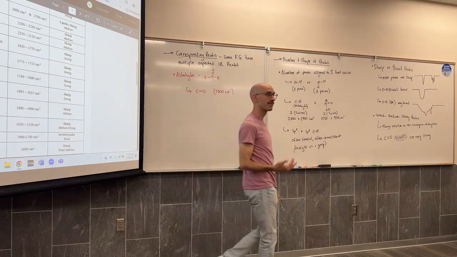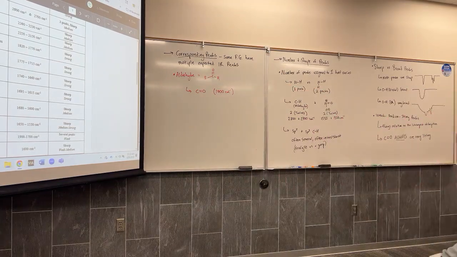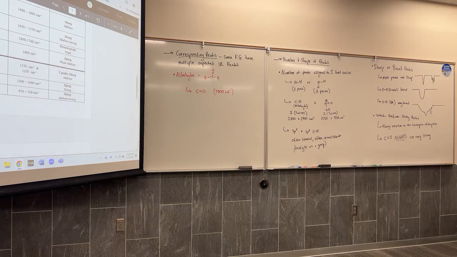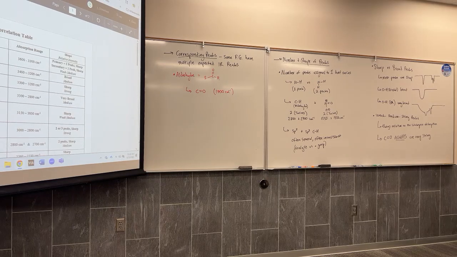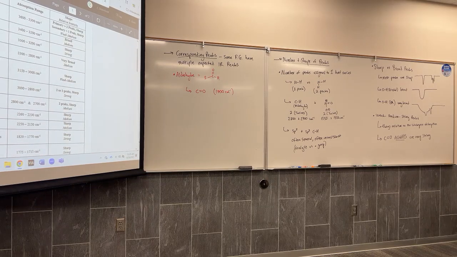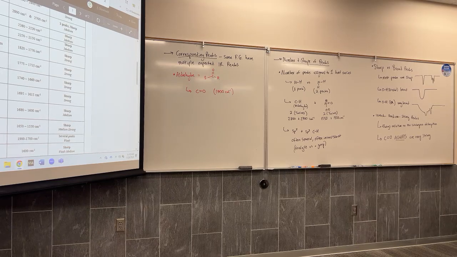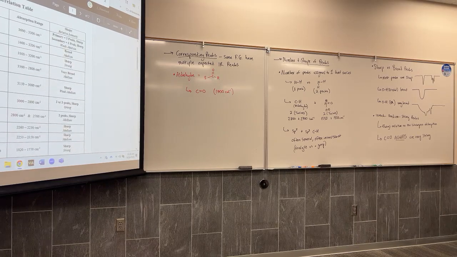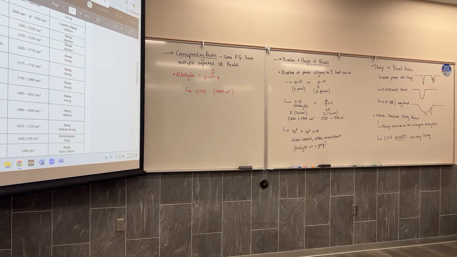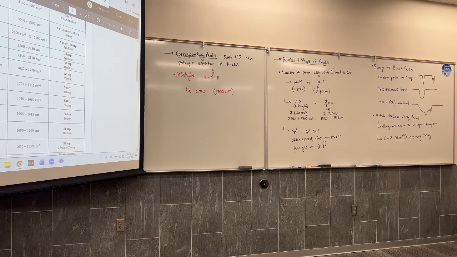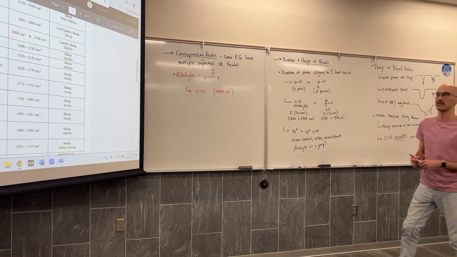A ketone has no other corresponding peaks. If you look through the correlation table, ketone shows up in one place. Right there, the CO double bond. But the aldehyde shows up in two places.